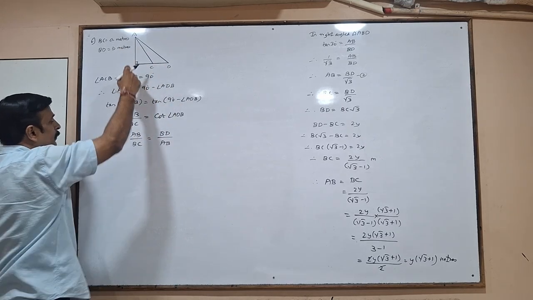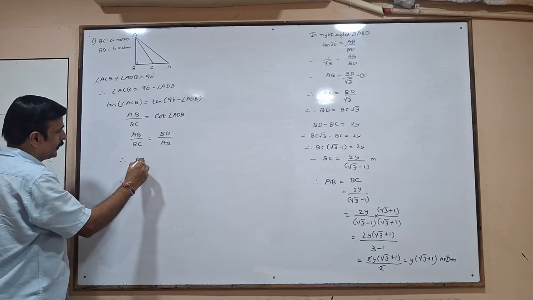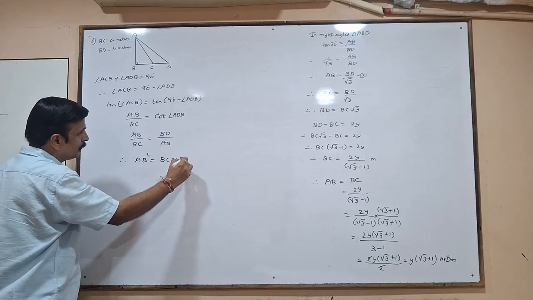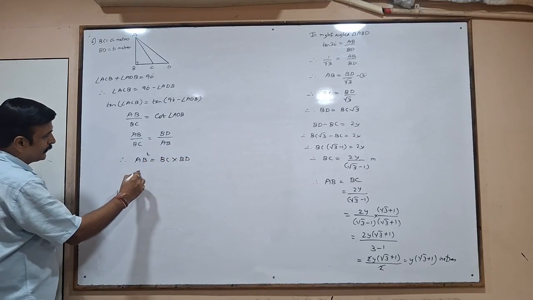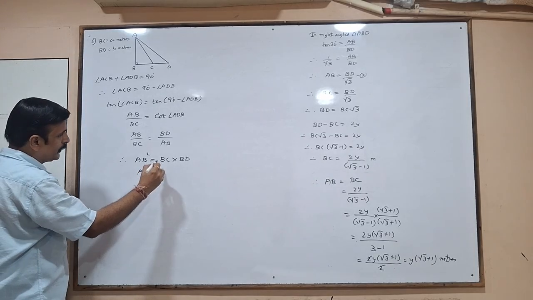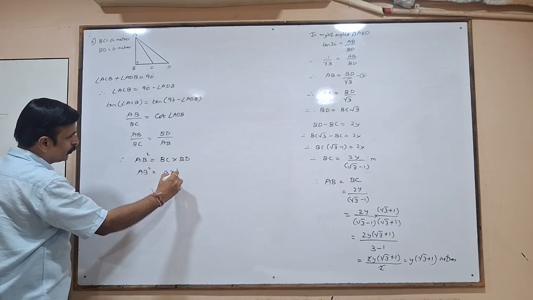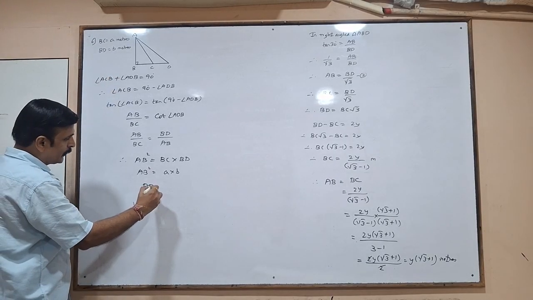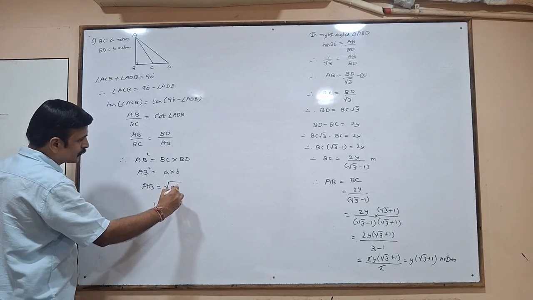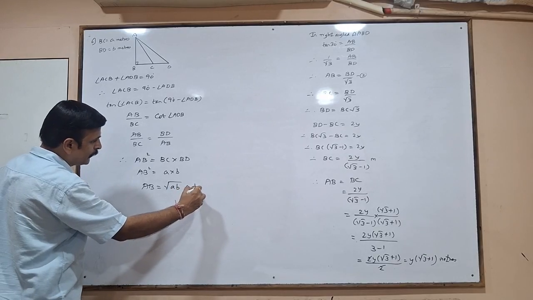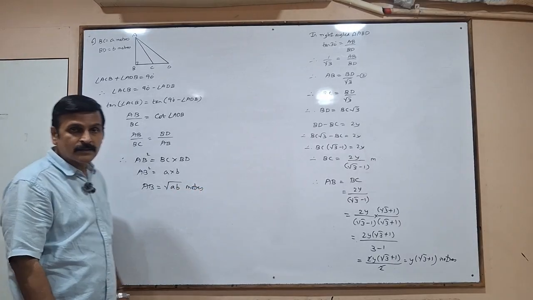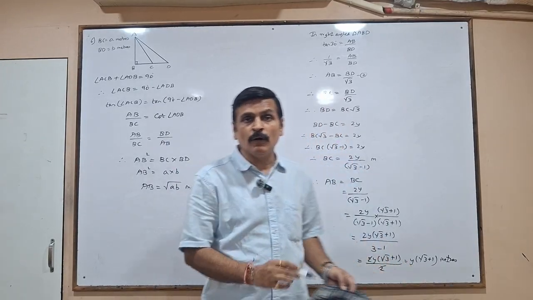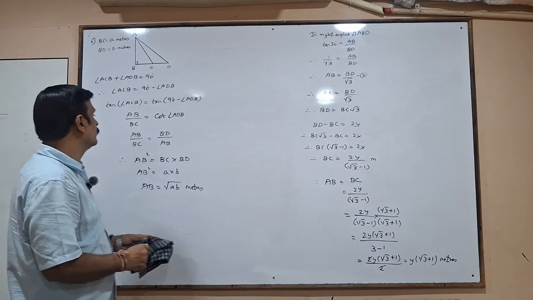Base upon perpendicular. So what we get here is AB square is equal to BC into BD. AB square will be A into B, which is given in the question, and therefore AB is square root of AB meters. That is what the proving answer is, square root of AB meters.